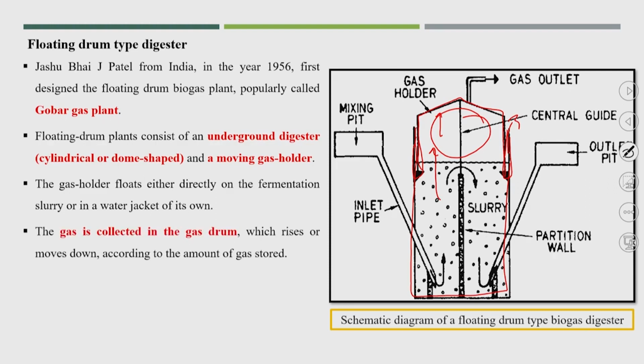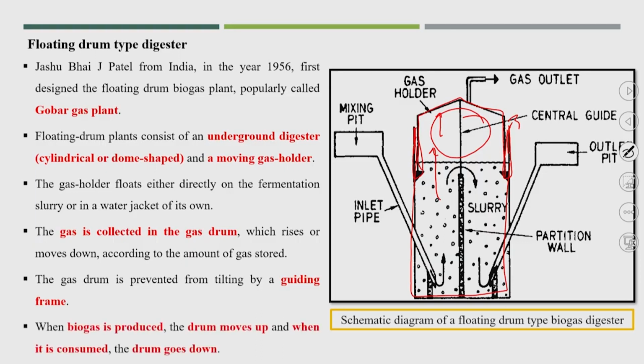The gas is collected in the gas drum, which rises or moves down according to the amount of gas stored, and the gas drum is prevented from tilting by a guiding frame, because some guiding frame will be required so that it rises upward properly. When the biogas is produced, the drum moves up, and when it is consumed, the drum goes down.